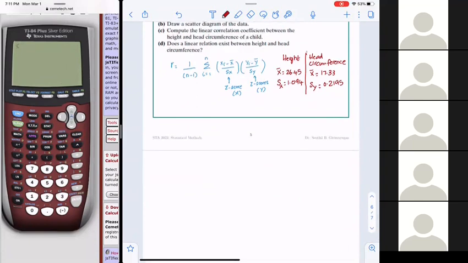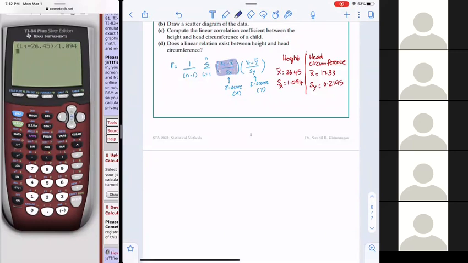All the x values are in list 1, so list 1 minus the mean, 26.45, divided by 1.094. That would take care of the first part right here.